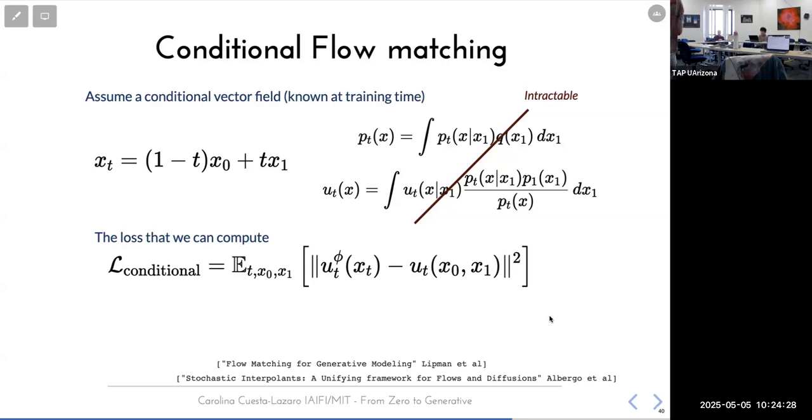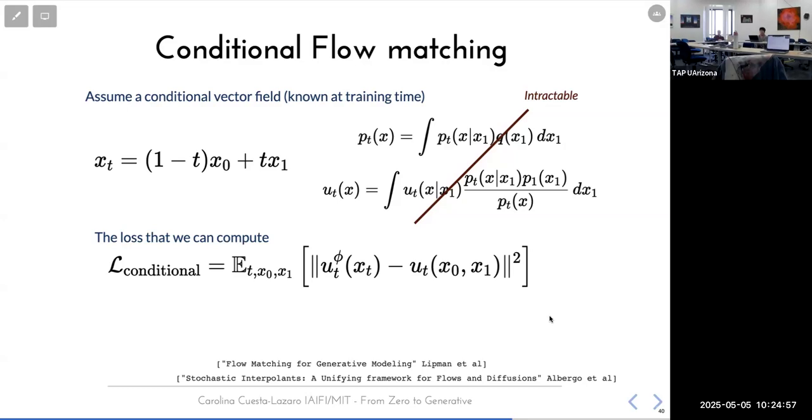So the loss function that is there, right, is I want to estimate the expectation value over T, X0, and X1 of V. So this is my neural network, right? It has some free parameters. It takes X of T and T, and it computes the velocity.